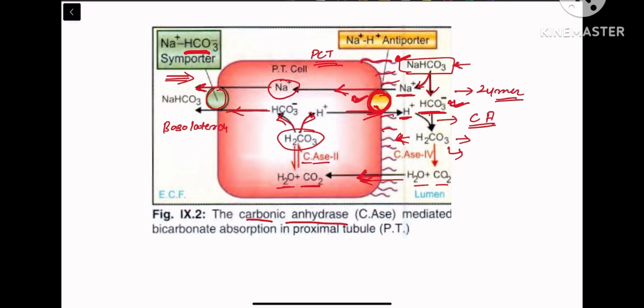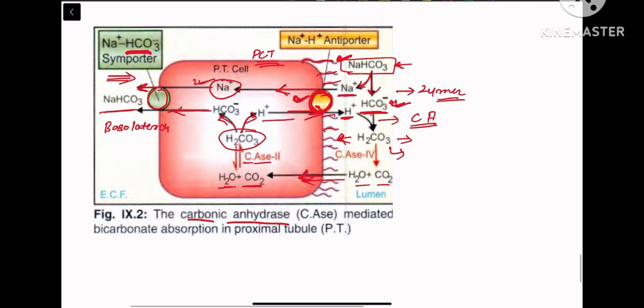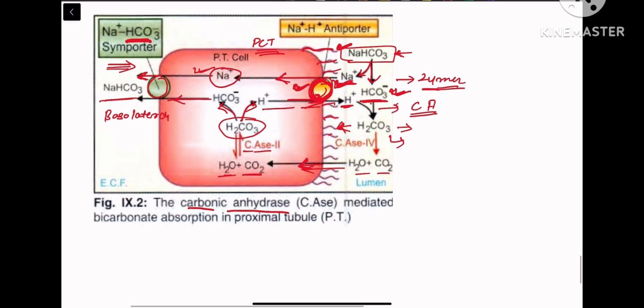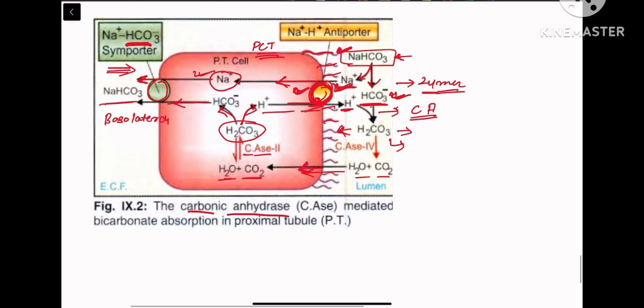Bicarbonate ion is used to transport the sodium into the interstitium, and hydrogen ion is transported into the luminal side against the sodium. Okay, so this is how the carbonic anhydrase enzyme acts in forming carbonic acid.